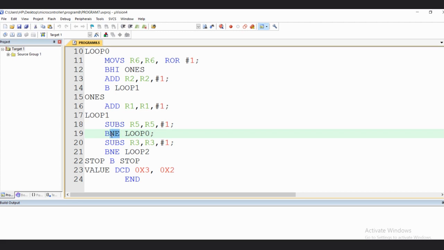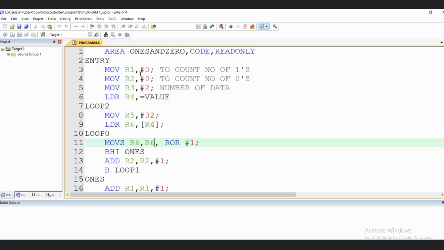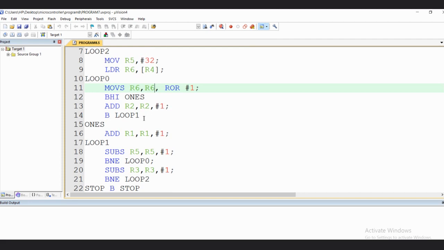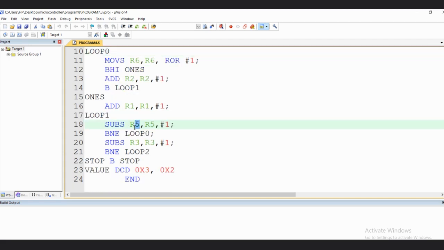So if R5 is not equal to 0, then it will loop to loop 0 again. R3 will be rotated once again and checked with the carry flag. If the carry flag is high, then R1 will be incremented. If the carry flag is low, R2 will be incremented. This loop 0 executes till R5 becomes 0.